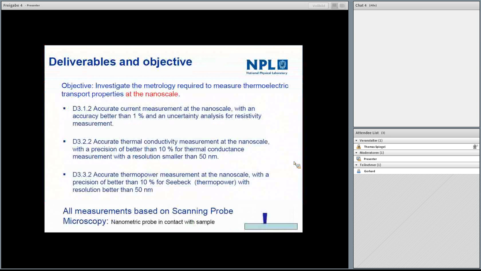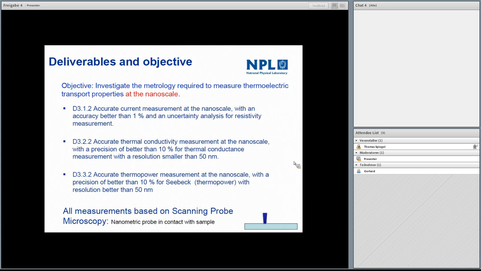The objectives were to, as Frank has shown in his introduction, that experiments have shown that nanostructured materials are better thermoelectrics.